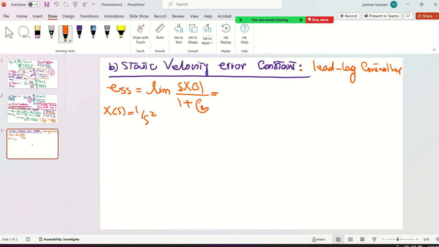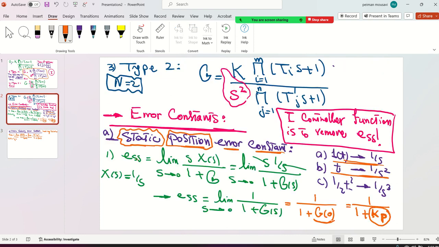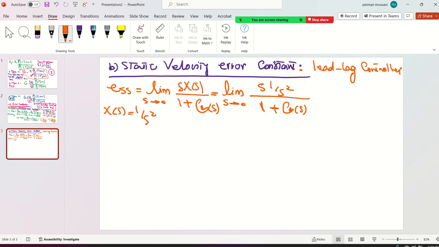ESS is the limit, obviously as S goes to 0, final value theorem, of S times 1 over S squared over 1 plus G of S. One of these S cancels, and you can take it down like this: the limit of 1 over S plus S G of S when S goes to 0.